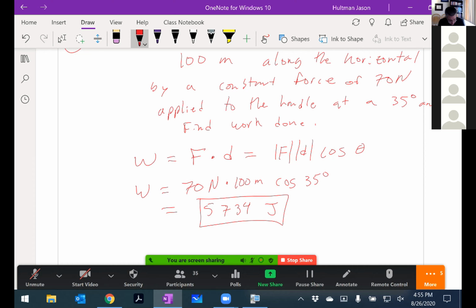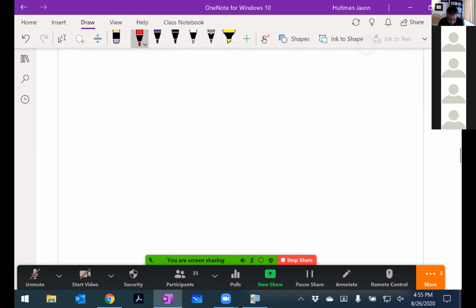Okay, let's go on to cross product. What's the cross product? A cross B can be represented as follows, if you have your components.